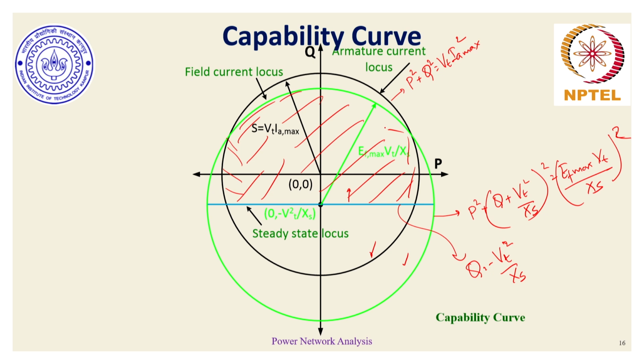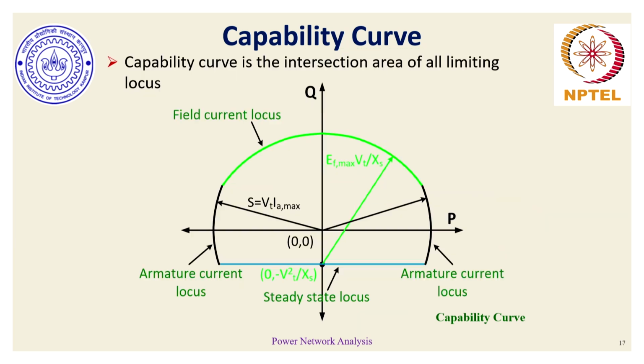On the positive P side, the armature current limit locus is limiting the safe operating points. On the top, we have the field current limit locus limiting the points. On the bottom, we have the steady state limit, and similarly on the LHS, we have the safe operating points from armature current limit locus. So if we now mark the common points, this is the locus which looks like from the operating limit restrictions.